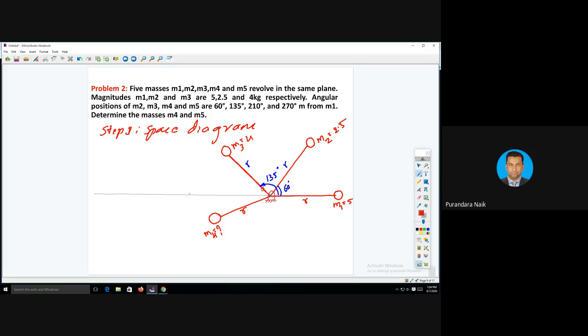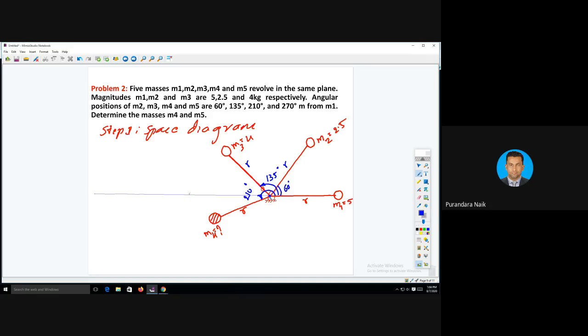Radius is R. The corresponding angle is known angle, that is 210 degrees. That's why it's better to shade it like this. This is unknown. Angle is known, but mass is unknown.